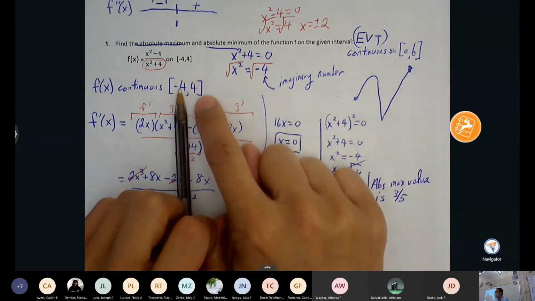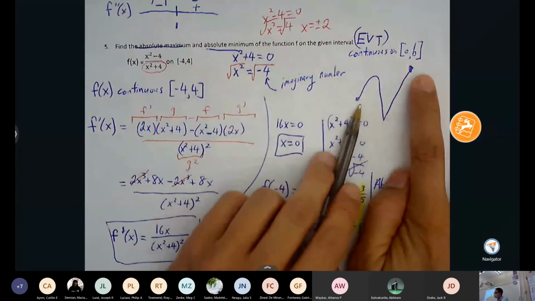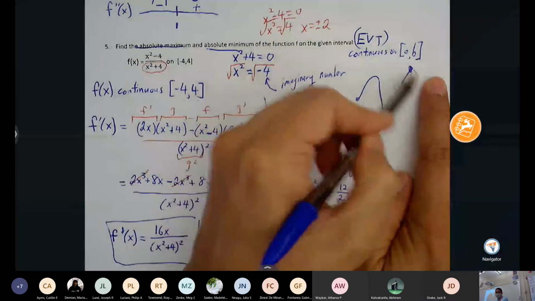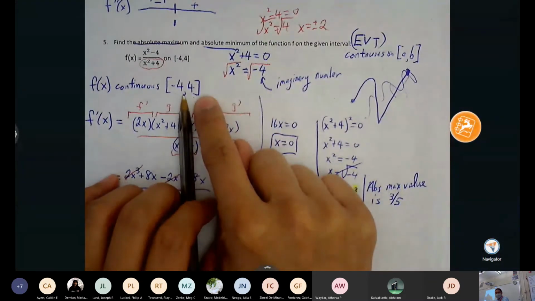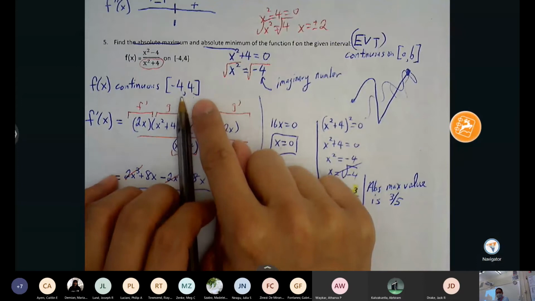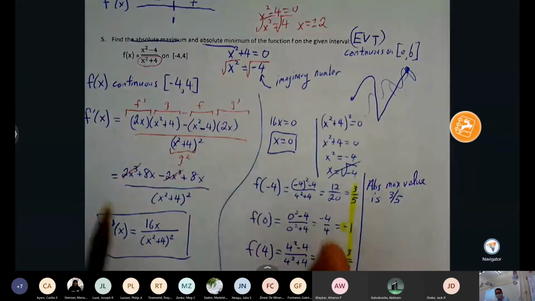I just wanted to show you, to convince you that an endpoint could be a maximum. I just want to give an example. This is not what the graph looks like. We do use endpoints for Rolle's theorem and mean value theorem, but the purpose is different. For mean value theorem and Rolle's theorem, we're using those endpoints to get the ordered pair so we can find the slope.